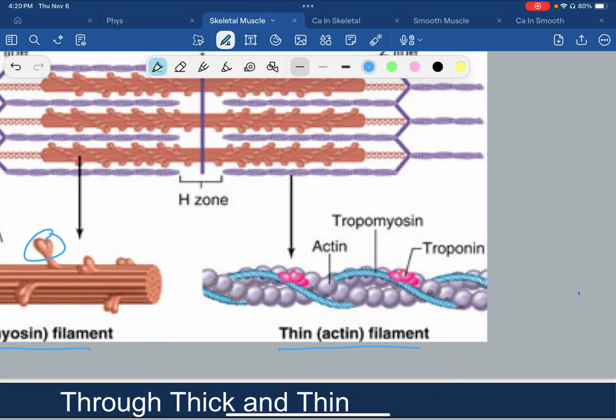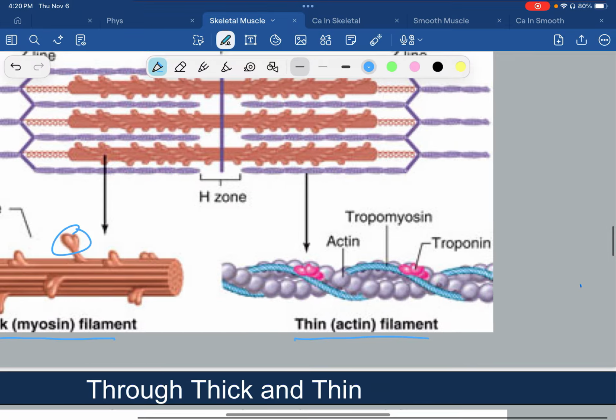Our tropomyosin is basically what covers the binding sites. So I'll write that. Covers binding sites. And so this prevents contractions.